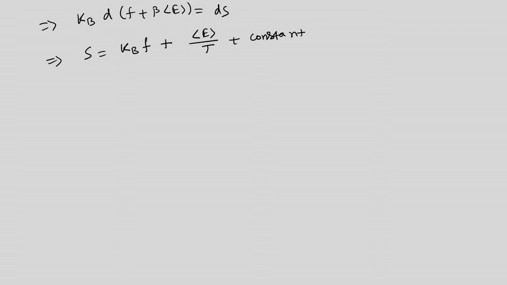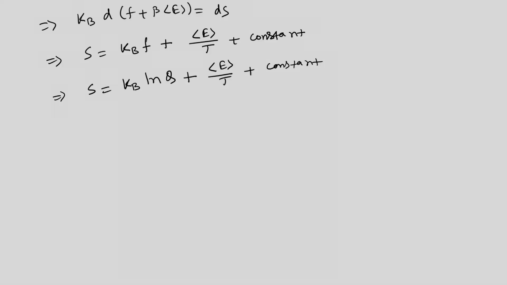And what is the value of f? If we substitute the value of f, we get Kb ln Q plus E average by T plus a constant. So, this is the value of average entropy. Now, we are more interested in the difference in entropy, or dS, rather than absolute entropy. So, we can safely ignore the constant term.